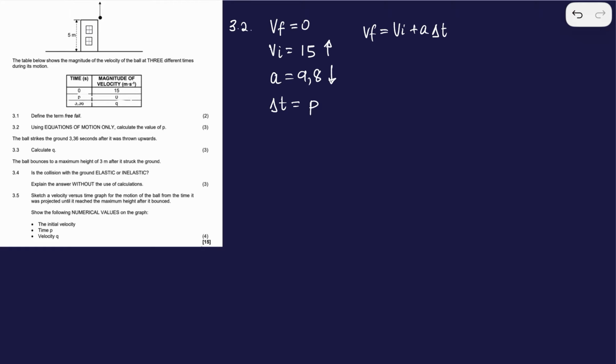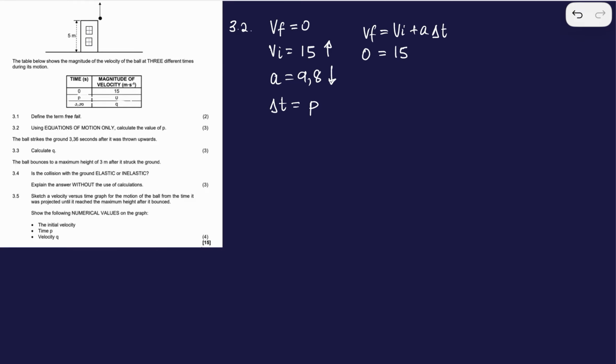The final velocity is 0, that's from the table. The initial velocity is 15, that's when the time is 0. And then plus, now for the acceleration value, I need to choose a direction as positive. Since I have used positive 15 for Vi, it means that I'm choosing up as positive. It's always good to show it. That means the acceleration will be minus 9,8 multiplied by delta t.